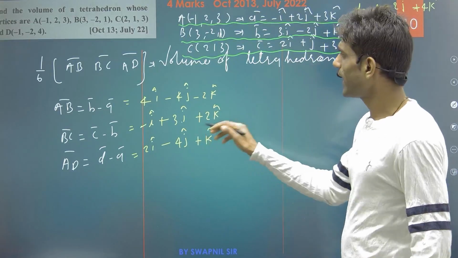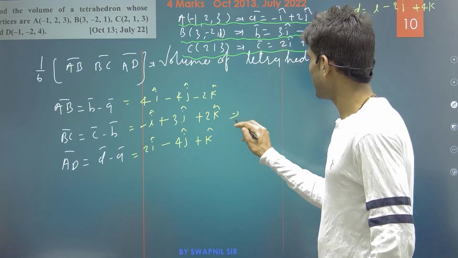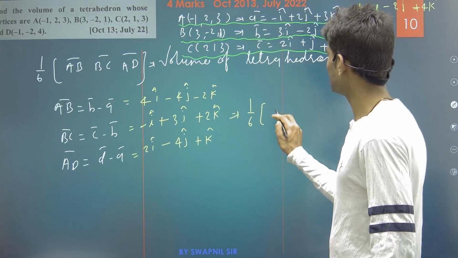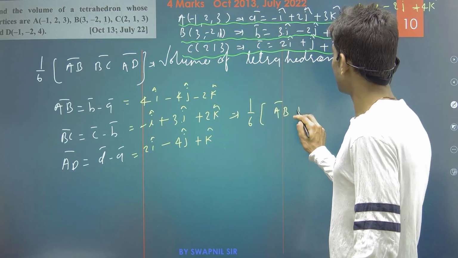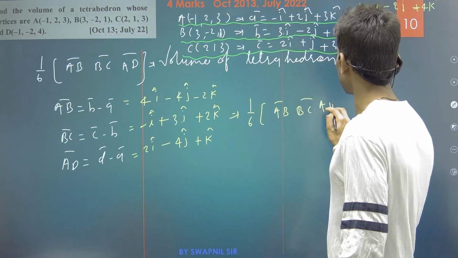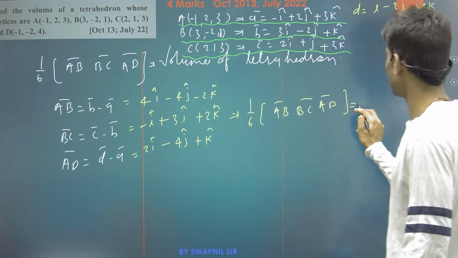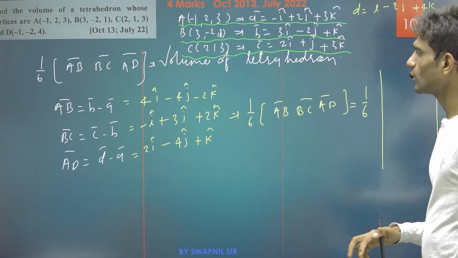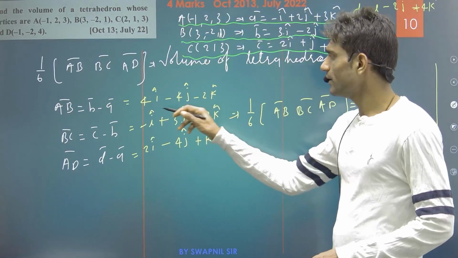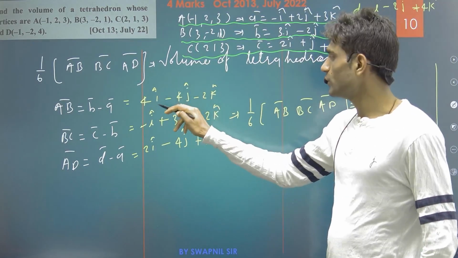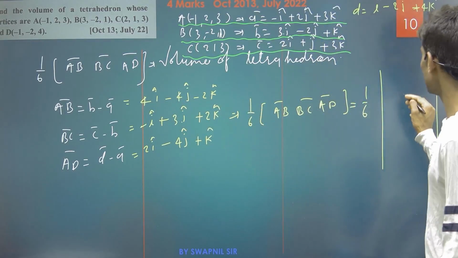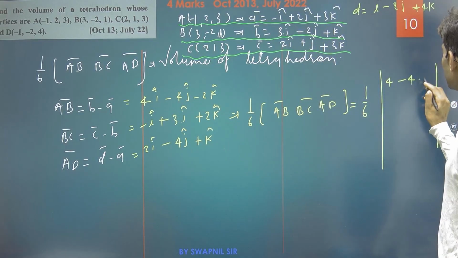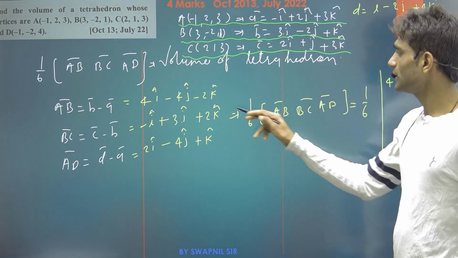So for finding the volume of a tetrahedron, we write 1 by 6 of AB bar, BC bar and AD bar, which can be written as 1 by 6 times the determinant of their coefficients. So 4, minus 4, minus 2 is the first row, the coefficients of AB bar.